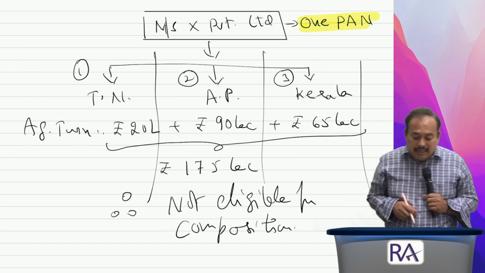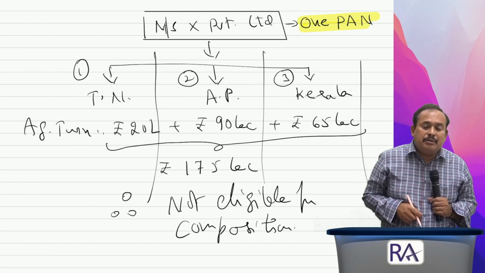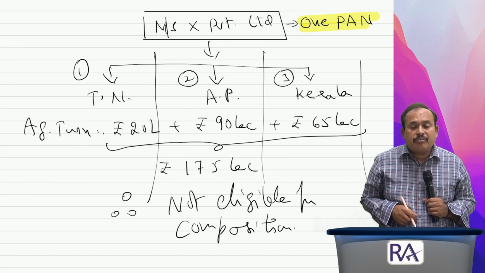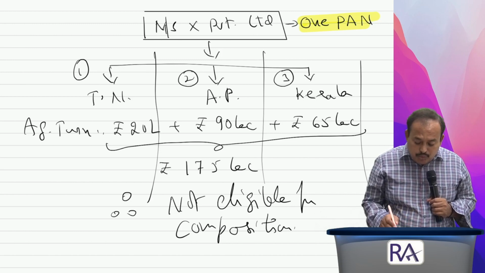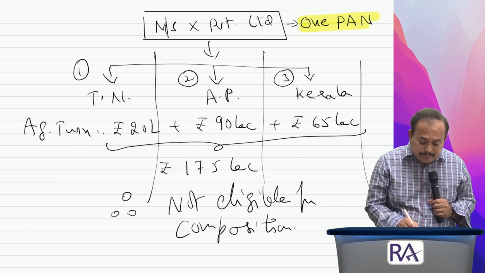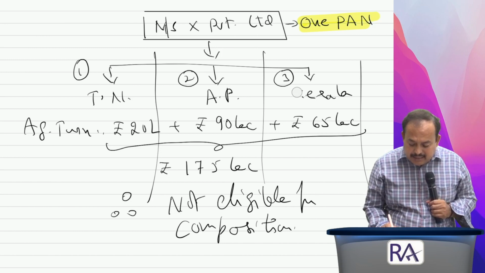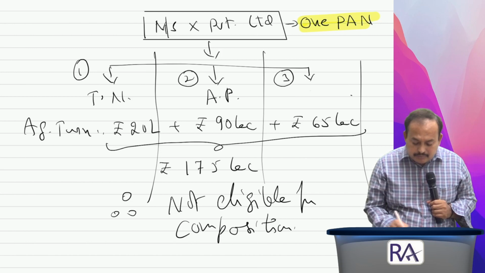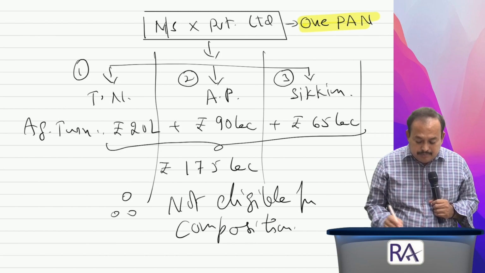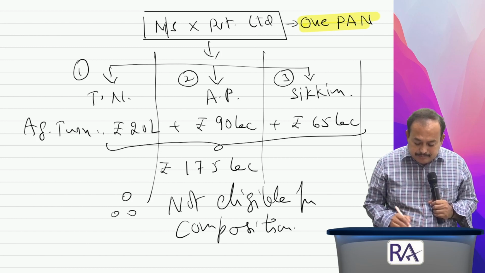At the same time, my dear friends, if you consider here, for example, in the given case, instead of Kerala, it is Sikkim. It is in the state of Sikkim.